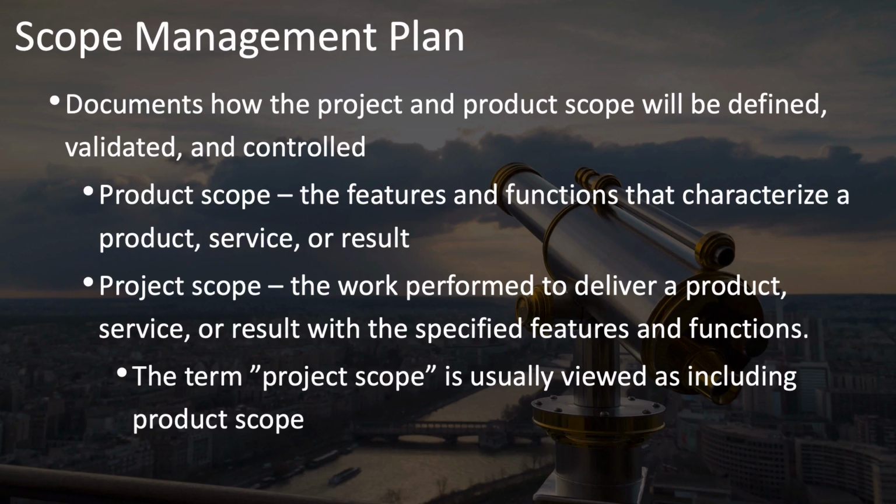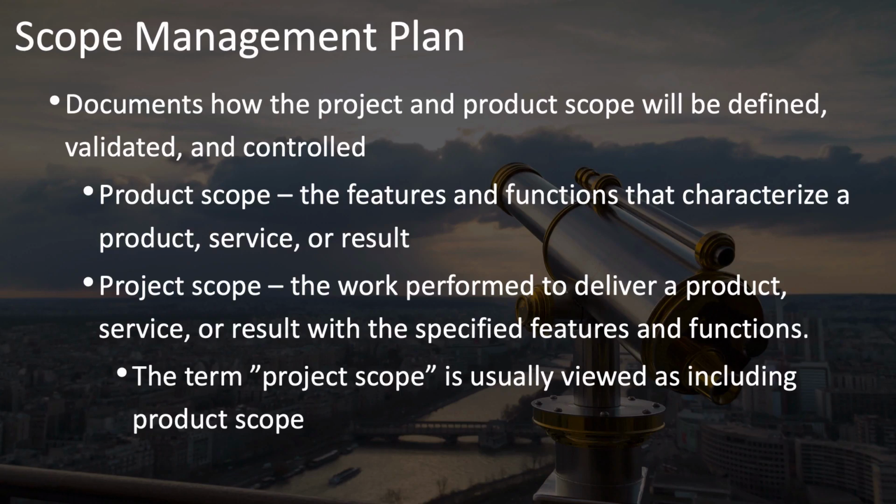The project scope is the work performed to deliver the product, service, or result with those specified features and functions. The project scope, generally speaking, includes both the product scope and the project scope.